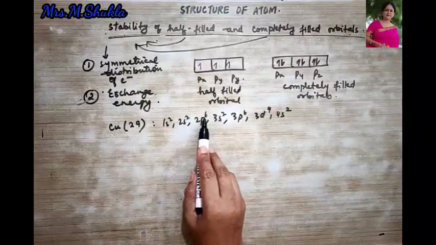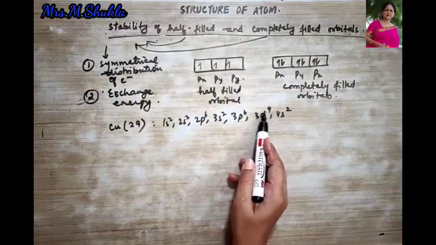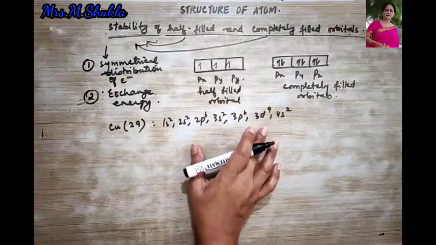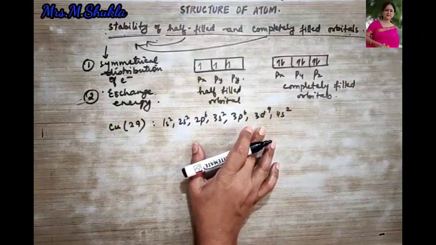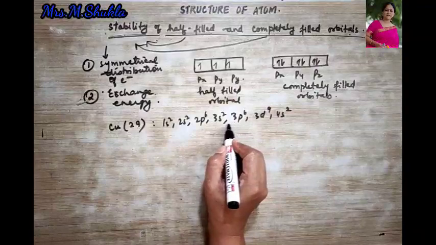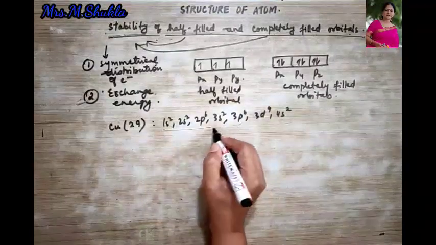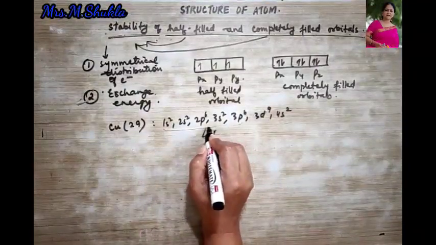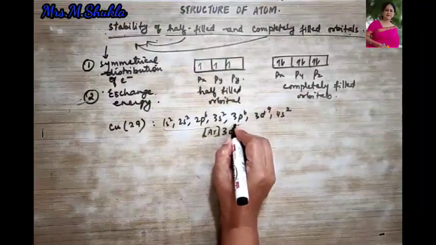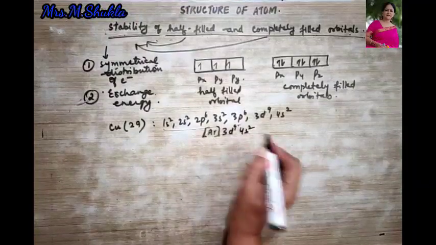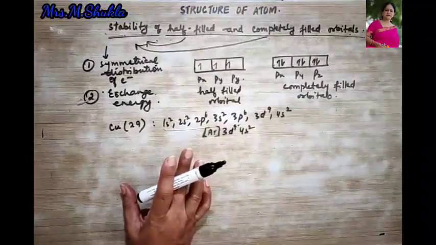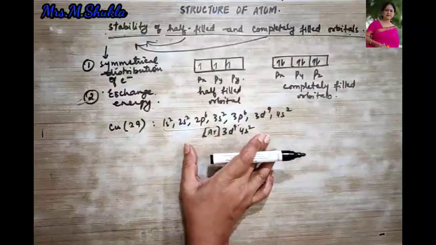This is 10. Okay, 20 and 9, 29. Now write down the compressed electronic configuration of copper. What will it become? It will become till here. It is what? Argon. So we write down argon 3d9 4s2. This is the configuration of copper according to Aufbau's principle, right?